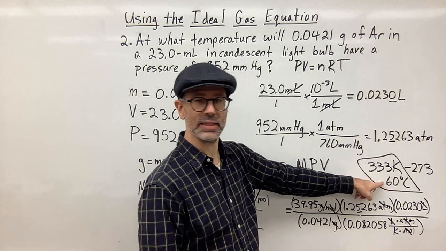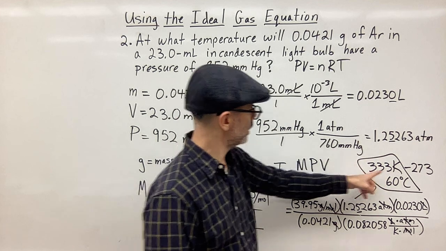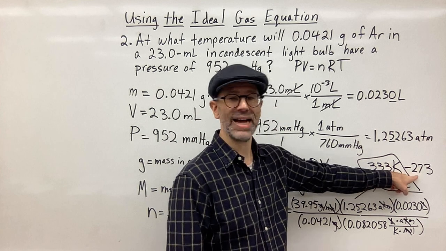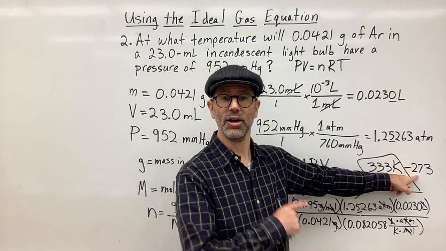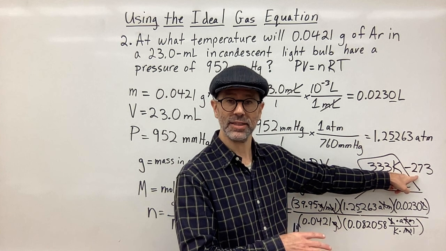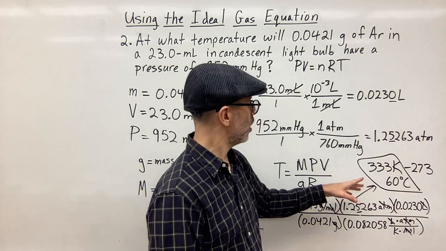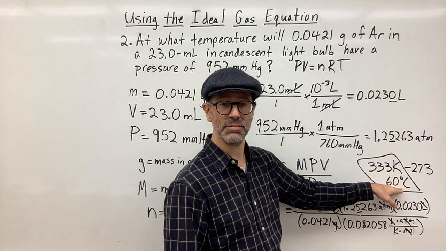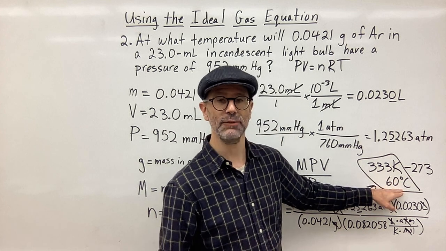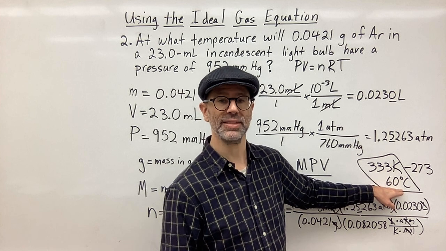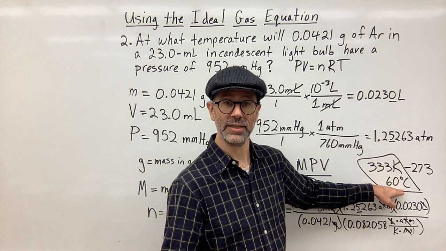Now you may be wondering about the 60. Well, that doesn't have 3 sig figs, Mr. Cobalt. Well, what's going on there? Well, notice that I got the 60 here because I subtracted 273 to get the degrees Celsius. Well, that's a different rule because you're subtracting, right? And the rule for subtraction and addition is that my answer here should have the same number of decimal places, not sig figs, as the least number in the measurements that I was subtracting, right?